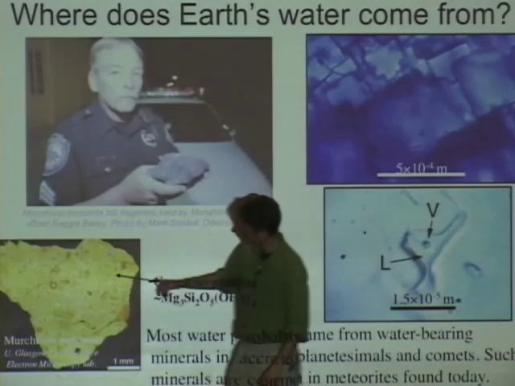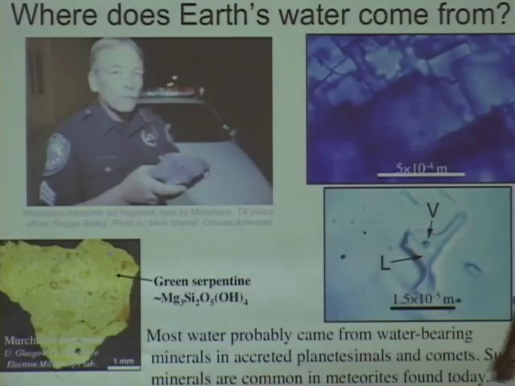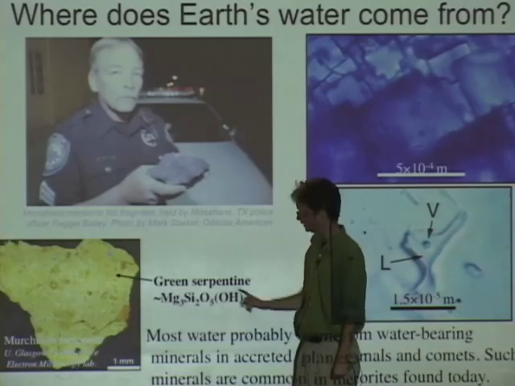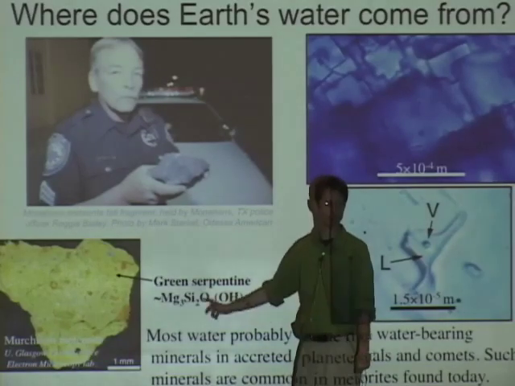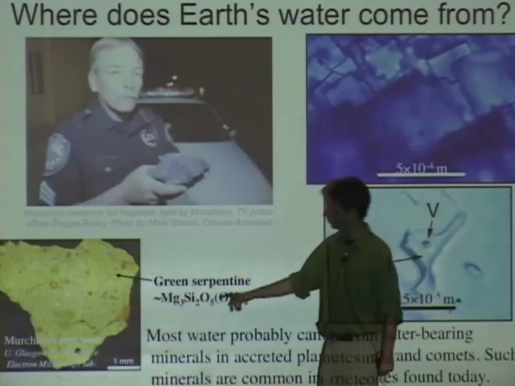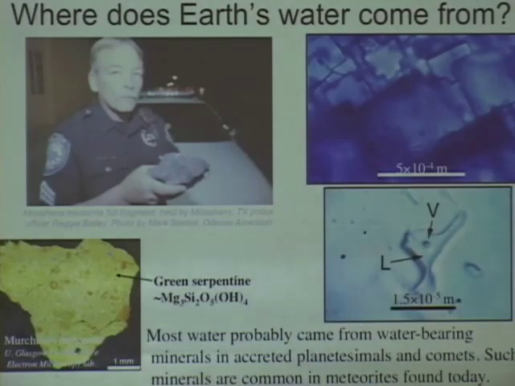And you can see it has this kind of yellowish-greenish color, which in this picture indicates the presence of a mineral called serpentinite, which has magnesium in it, silicon in it, oxygen in it, and it has hydroxyl. And it turns out if you take a mineral like this and you get it hot enough, this hydroxyl, OH, will come off as water vapor. So this is a rock that has water in it. To get the water out, you just have to heat it up.